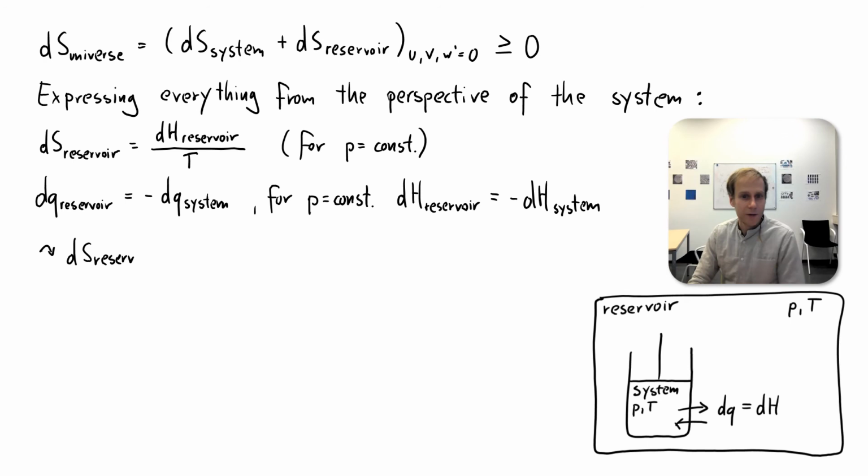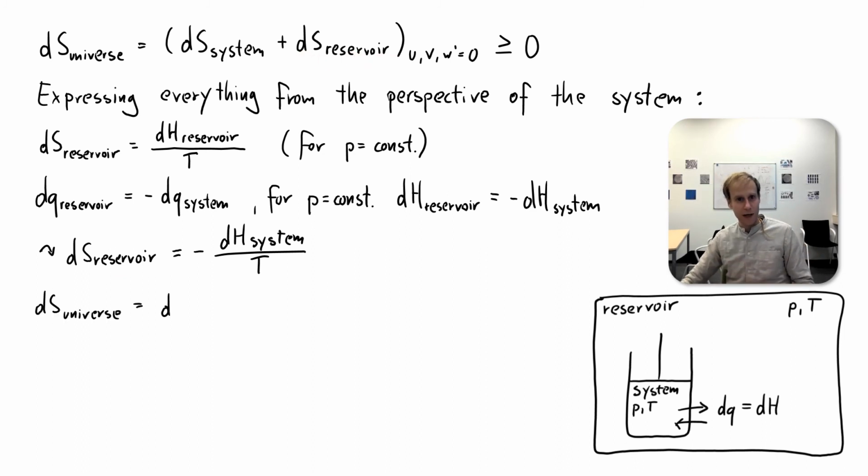So now I write the entropy change of the reservoir is simply given by the negative enthalpy change of the system divided by the temperature, right? Okay, and with this we now have a way to replace the entropy change of the reservoir. So I just write now the universe entropy change is the system's entropy change minus the enthalpy change of the system divided by the temperature.